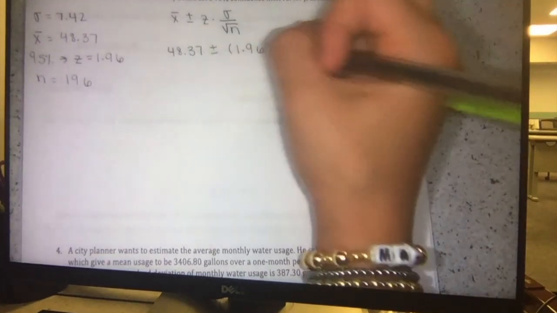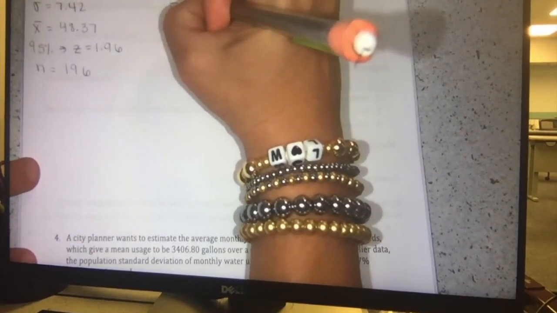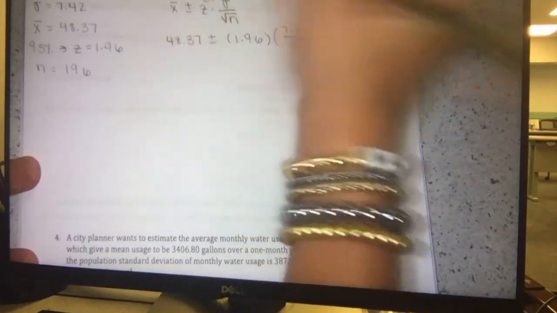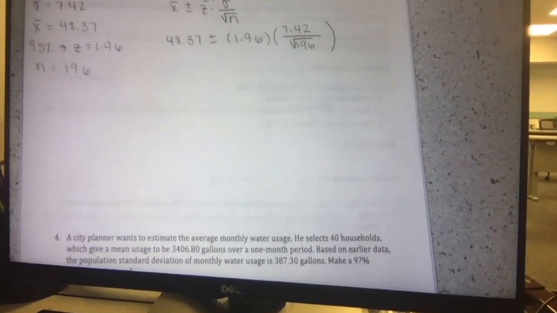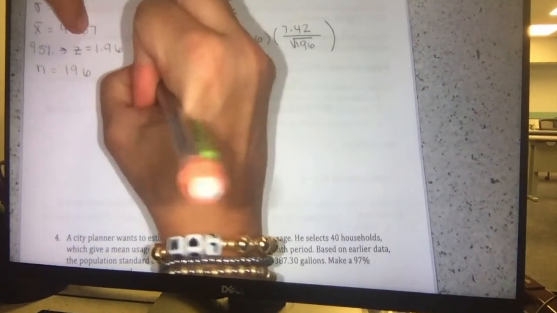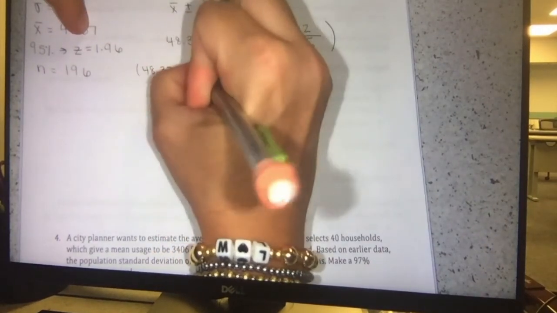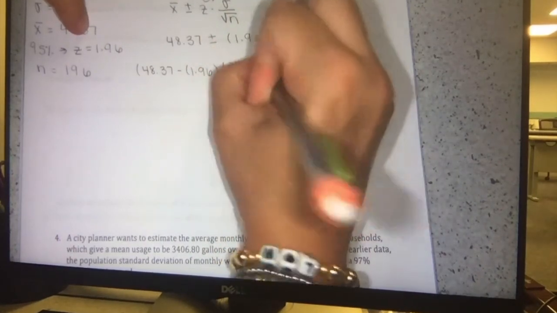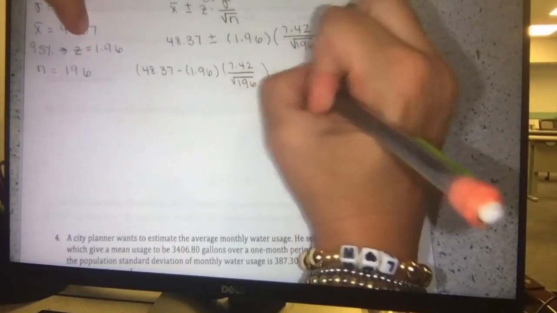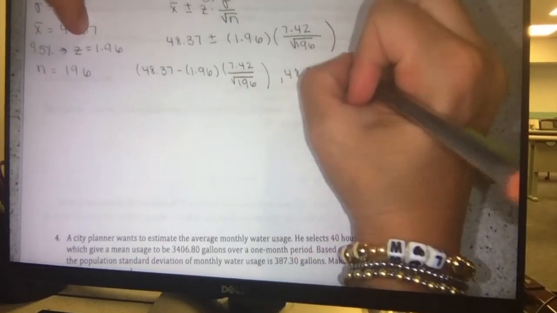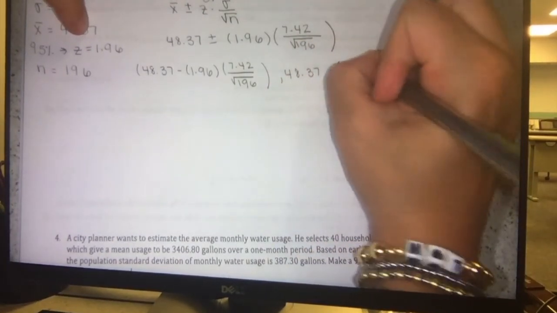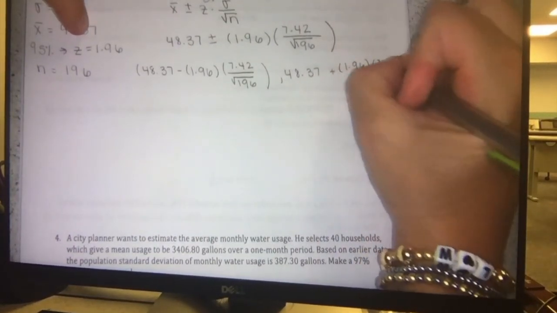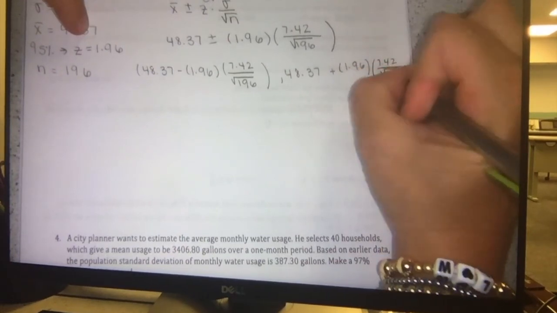Remember, this is our margin of error. So we have 48.37 minus 1.96 times 7.42 over the square root of 196, comma, 48.37 plus 1.96 times 7.42 over the square root of 196.